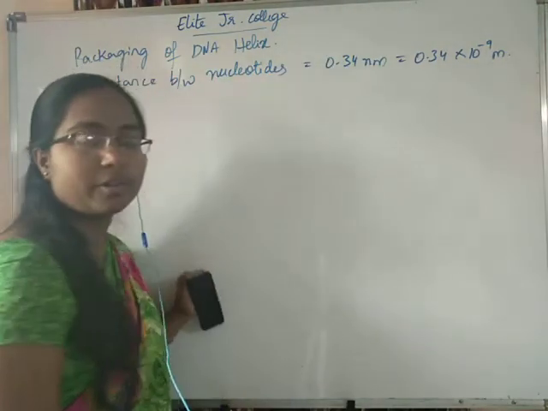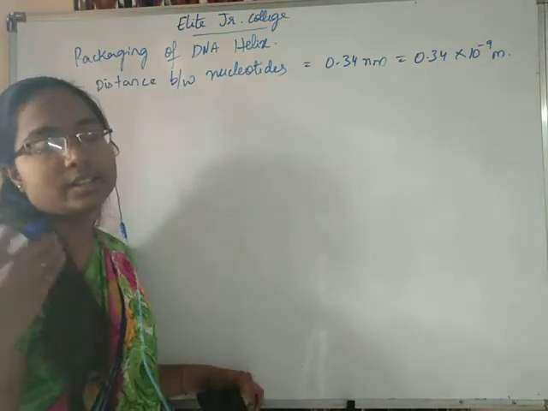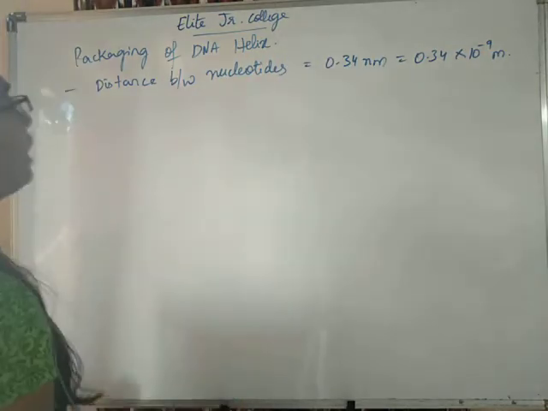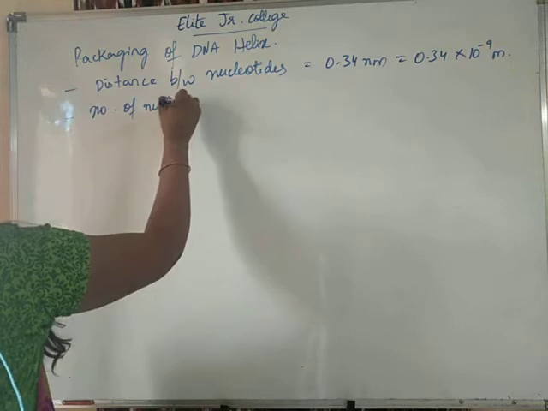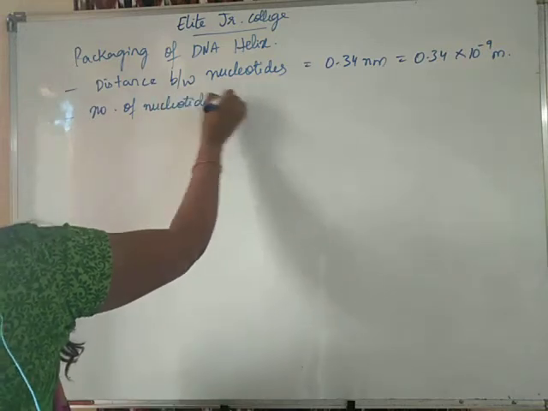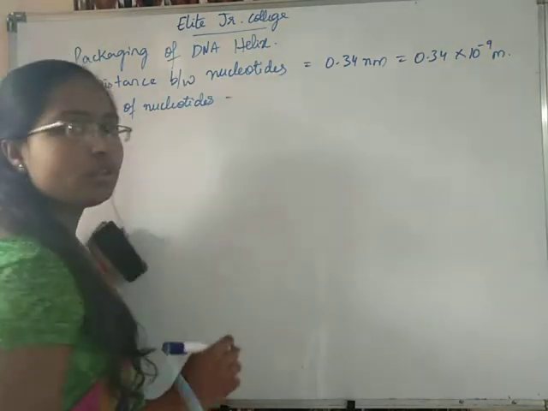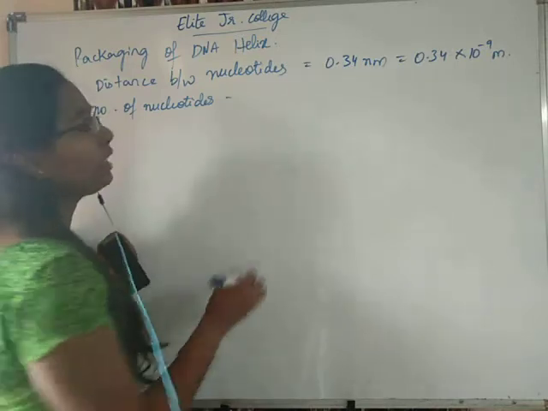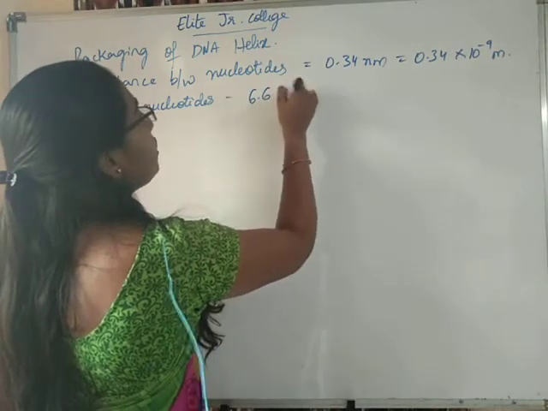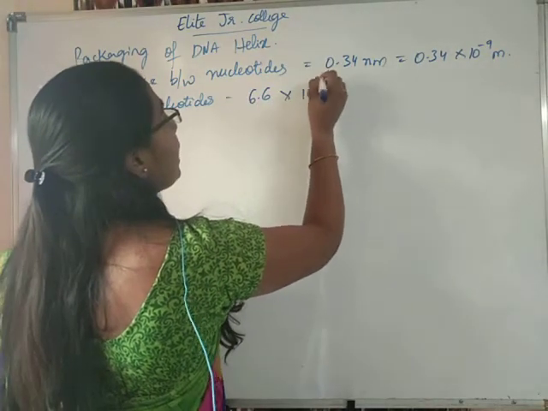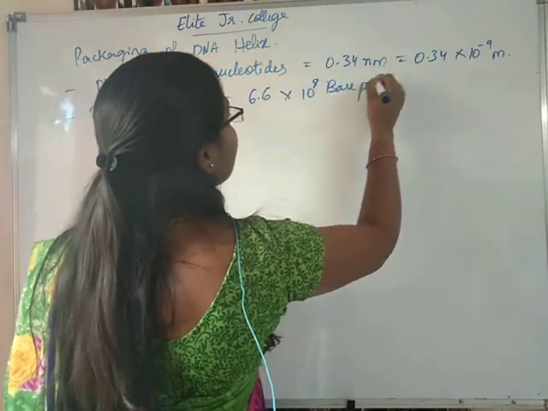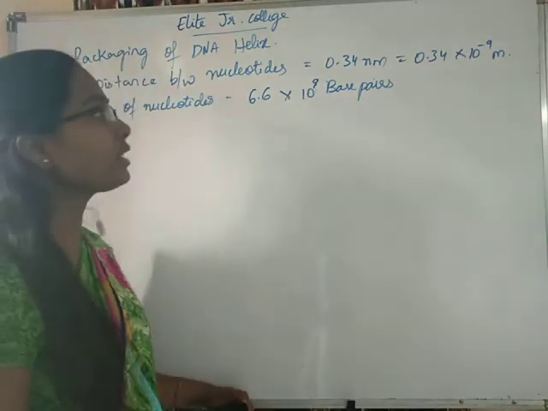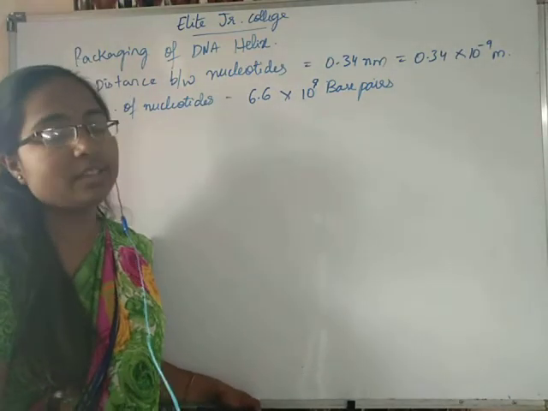And we also know the number of nucleotides: human DNA contains 6.6 into 10 to the power of 9 base pairs.